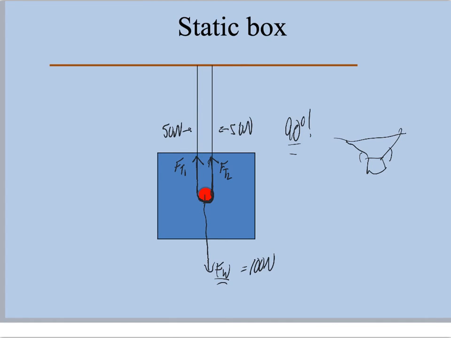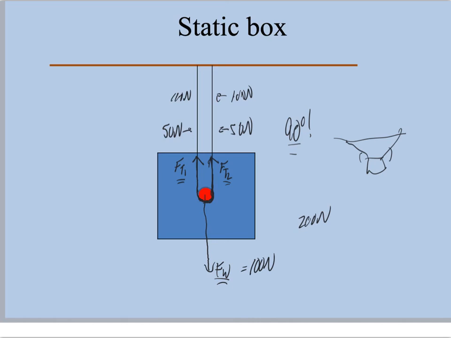In other words, if we put both of these together, the lengths should add up to the length of this one weight vector. So if this was 200 newtons, then this one would be 100, and this one would be 100. The weight is shared by each rope.